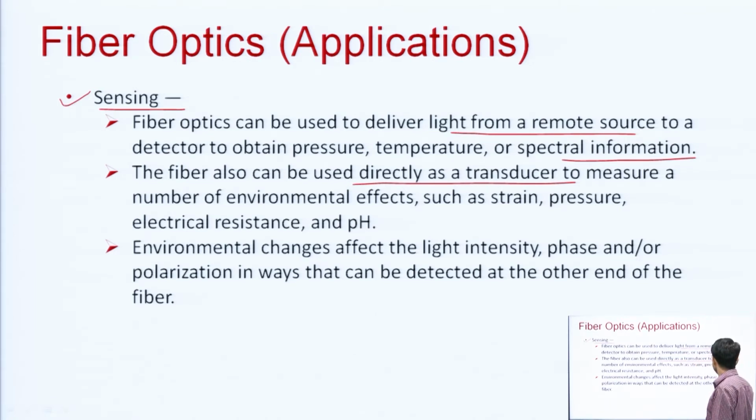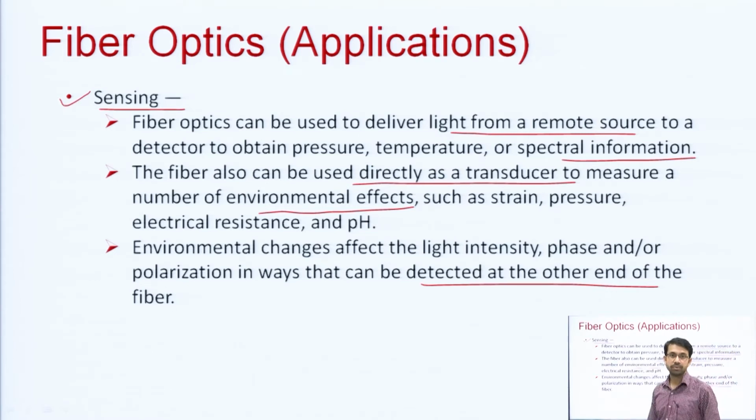It can directly be used as a transducer to measure a number of environmental effects such as strain, pressure, electrical resistance and pH. Environmental changes affect the light intensity, phase and polarization in ways that can be detected at the other end of the fiber. So, light is traveling through the fiber and it is exposed to the environmental parameters that we have to measure.